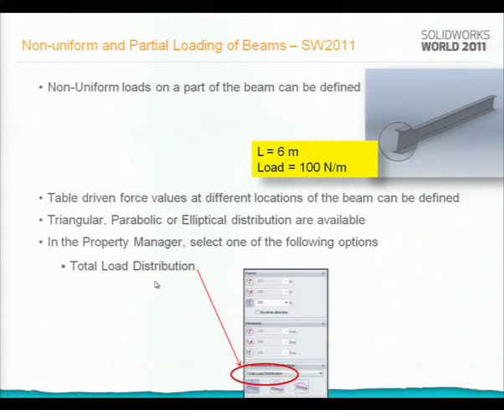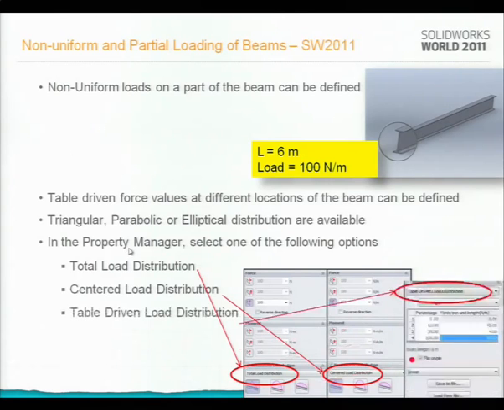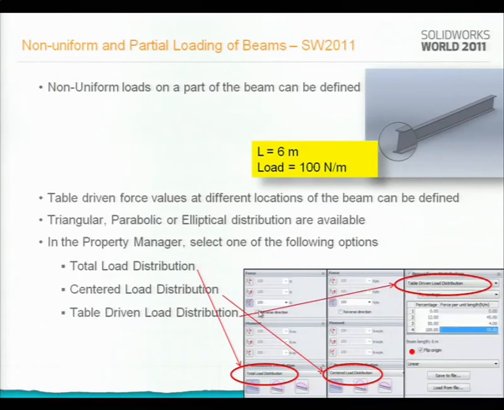This is a total load distribution or center load distribution. We are going to see how they work. And finally, for a table-driven load distribution, we have to choose this one, and two columns appear. The first column is the percentage of the distance, and the second column is the actual values of the force in newtons per meter, right?